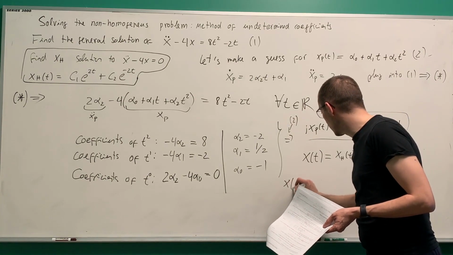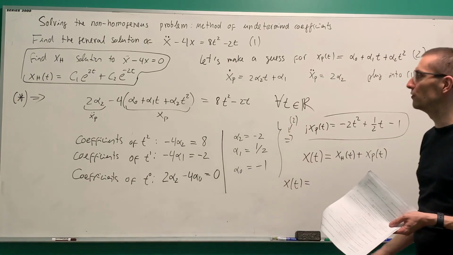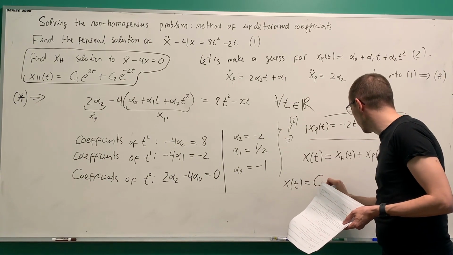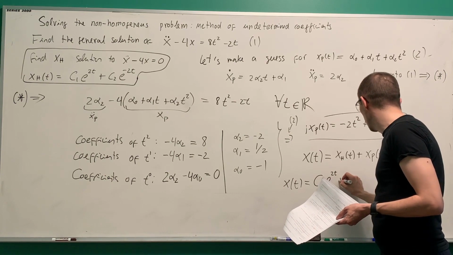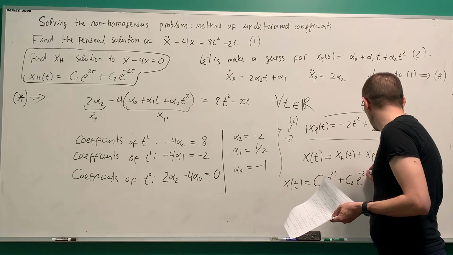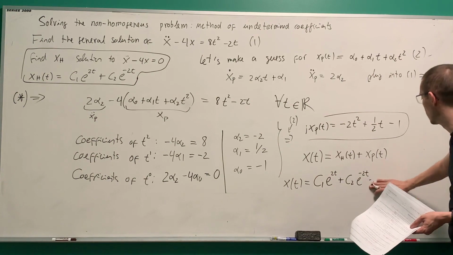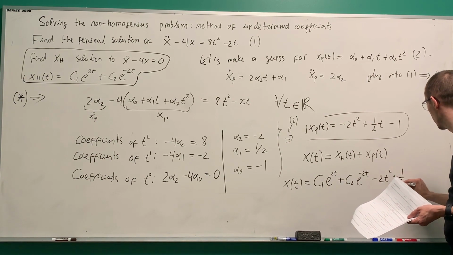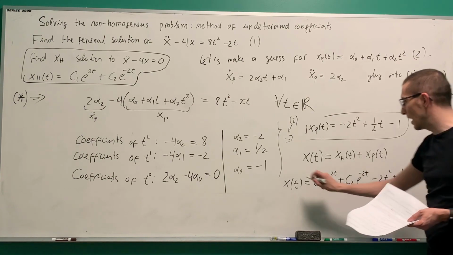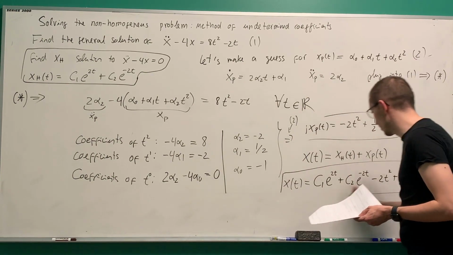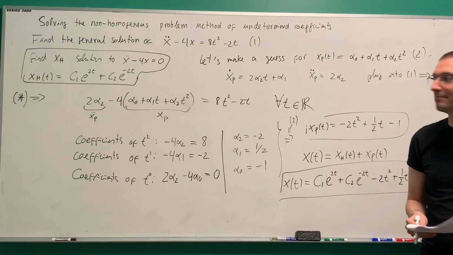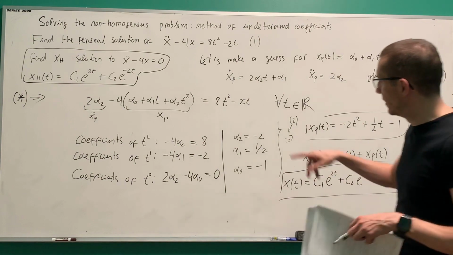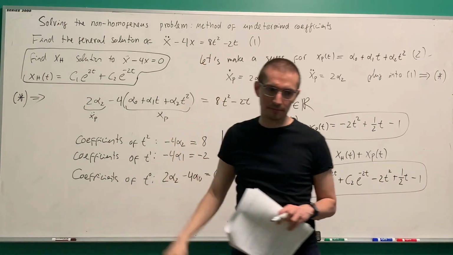So that means that the total solution, the final answer that gets the full marks, is C1 e to the 2t plus C2 e to the minus 2t minus 2t squared plus 1/2 t minus 1. And this is the solution to the problem at hand. Hopefully not too difficult. This is an example where the inhomogeneity was a polynomial.